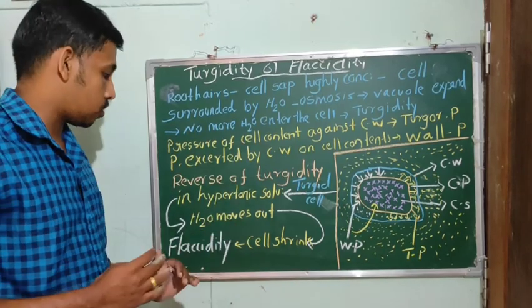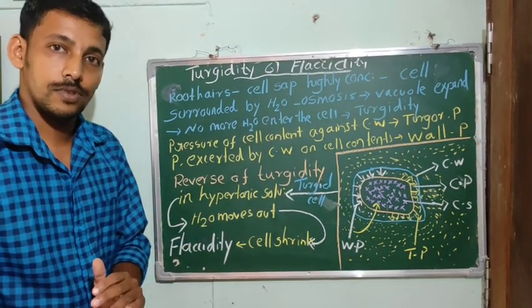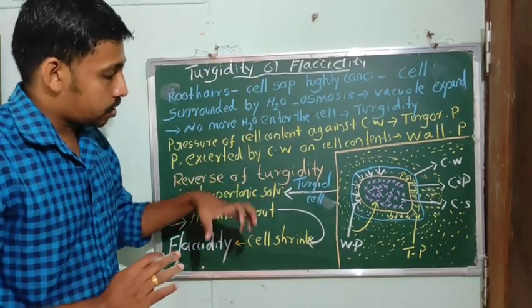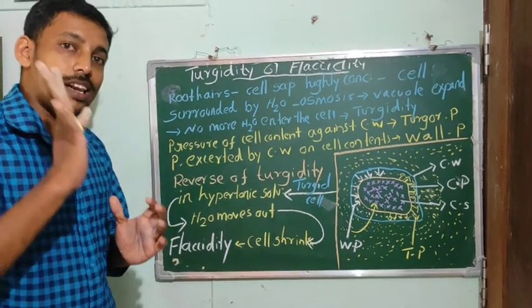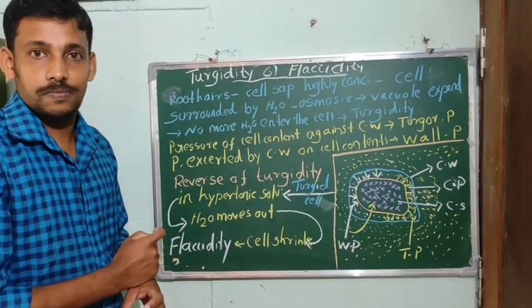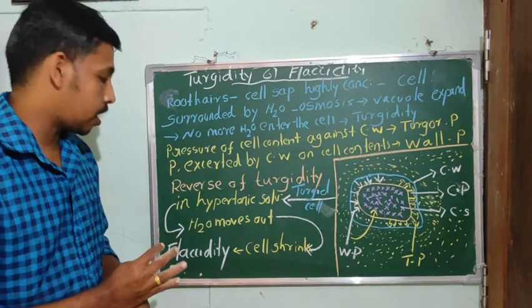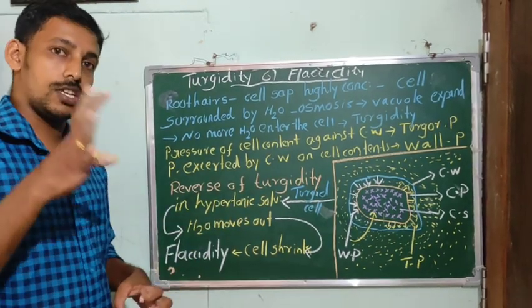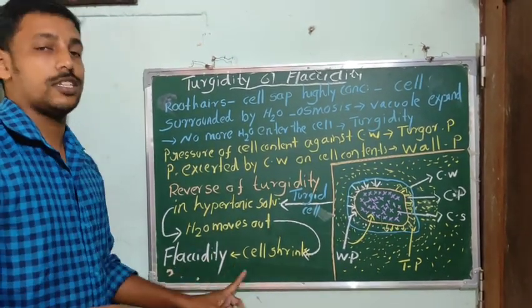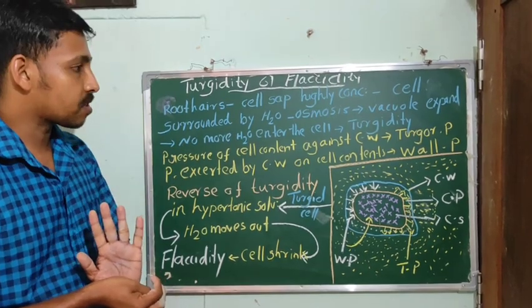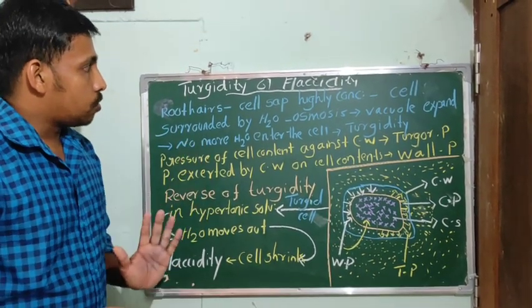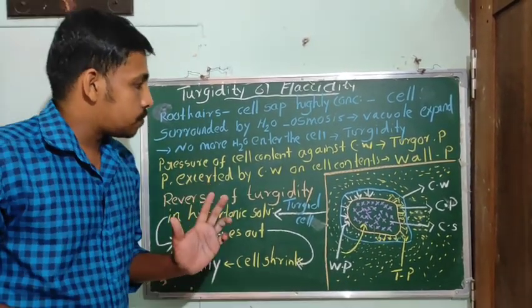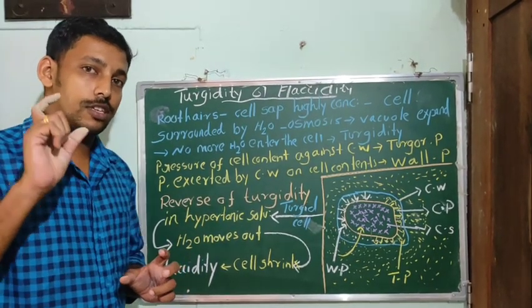So this condition is known as flaccidity, and at that stage the cell is known as flaccid.